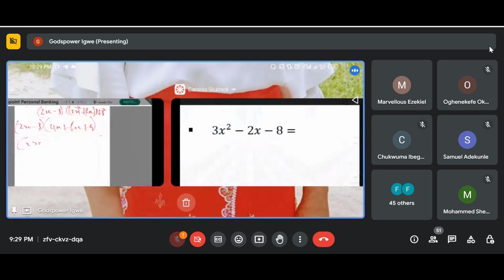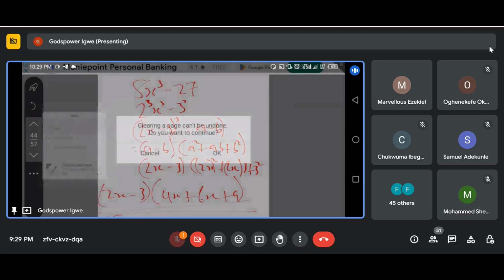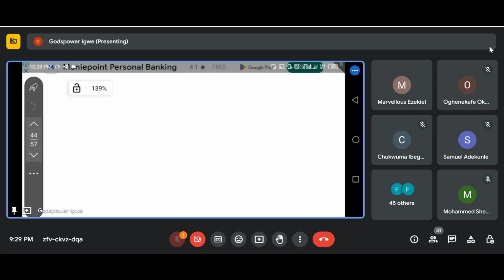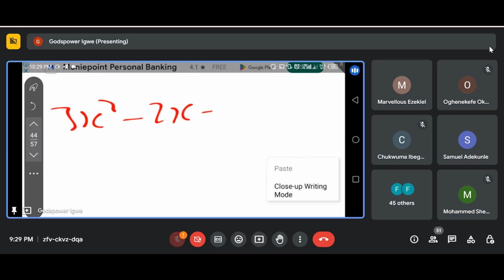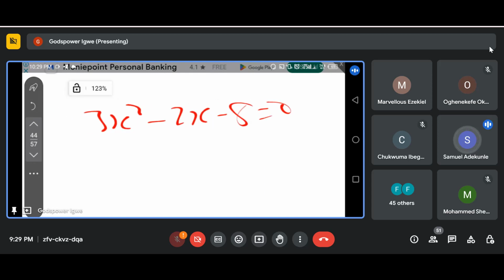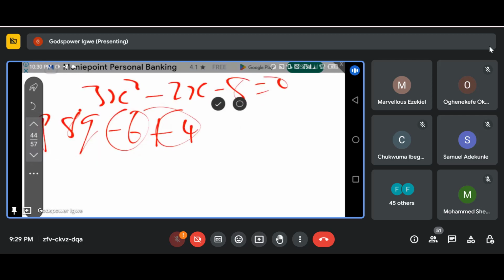Let's solve it out. 3x squared minus 2x minus 8 equals 0. With this now, we found our p and q to be minus 6 and plus 4, because minus 6 times 4 is going to give us minus 24.